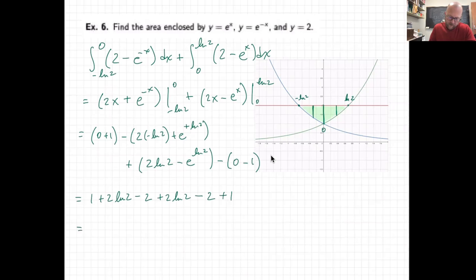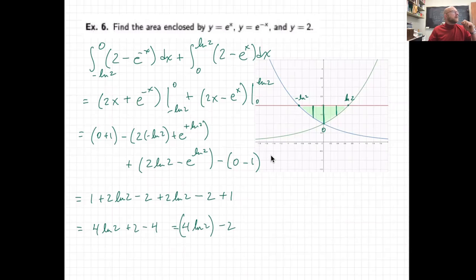All right, so that's going to end us with a 4 ln2, collecting the logs together. And let's see, 2 plus 1s and 2 minus 2s. So 4 log 2, I'm going to put superfluous parentheses there, and minus 2.